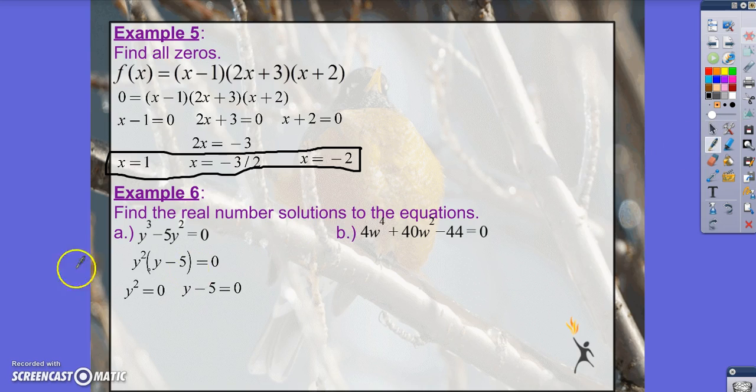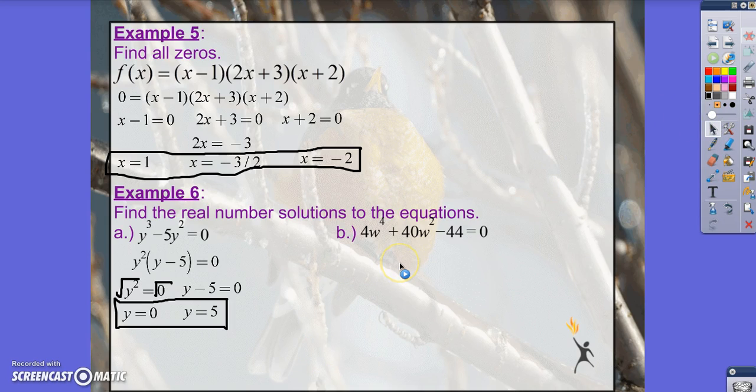On the one on the left, opposite of a square is a square root. So square root both sides. Either way, you're still just going to get 0, right? And we add 5 to both sides, y equals 5. So in this case, I have 2 solutions. I have y equals 0, and y equals 5.